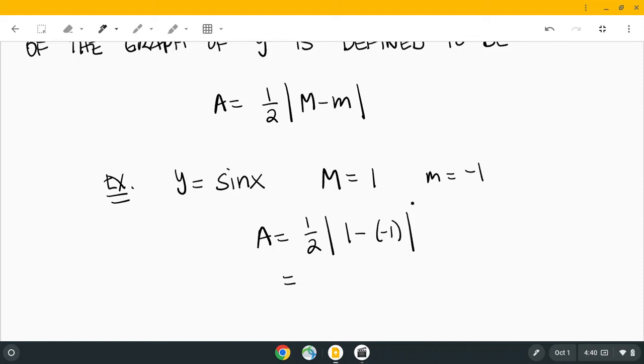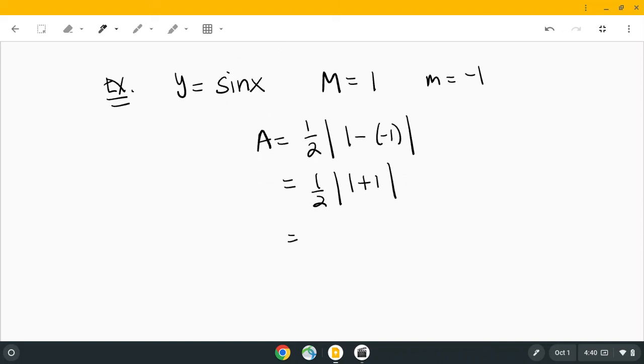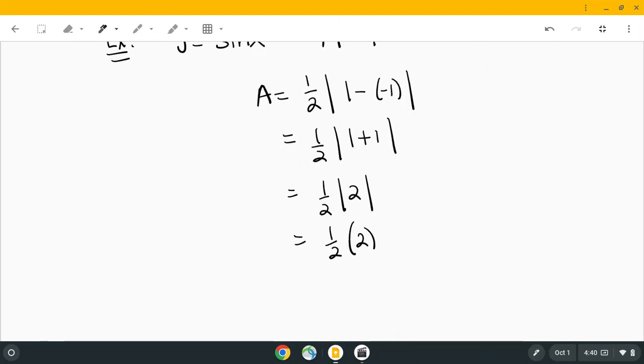You take the difference between the two values and divide by 2. So 1 plus 1, we get 1/2 times the absolute value of 2. That's 1/2 times 2, which gives us 1. So the amplitude for y equals sine x is 1.